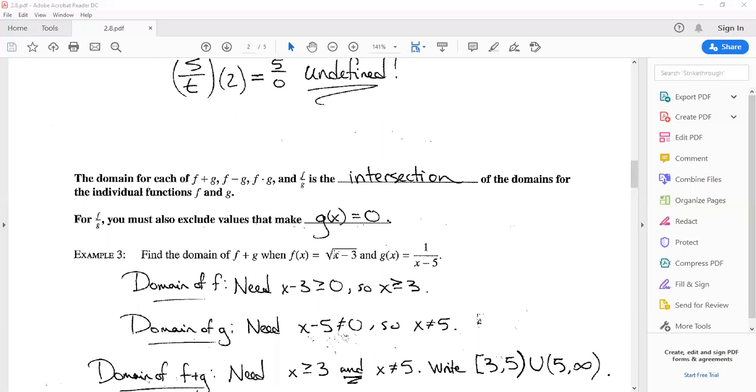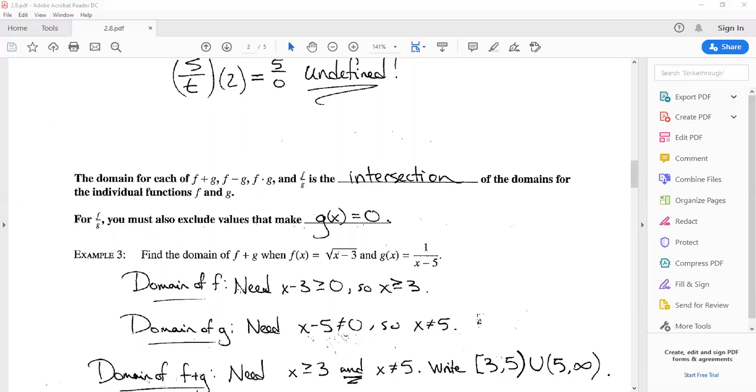So we would, in particular, need that this expression x minus 3 that lives underneath the square root sign needs to be bigger than or equal to 0. And thus, we can solve this inequality to say then that x needs to be greater than or equal to 3. OK, so already we know then that the domain of f plus g is going to be, at most, the set of x that are bigger than or equal to 3.